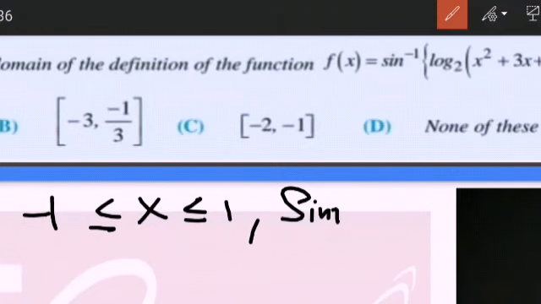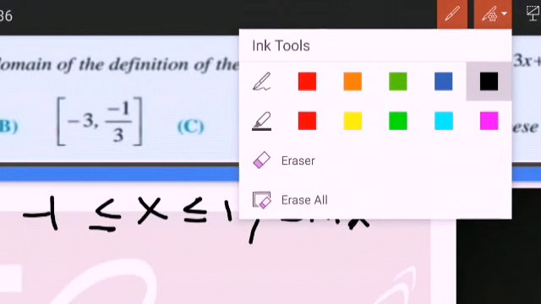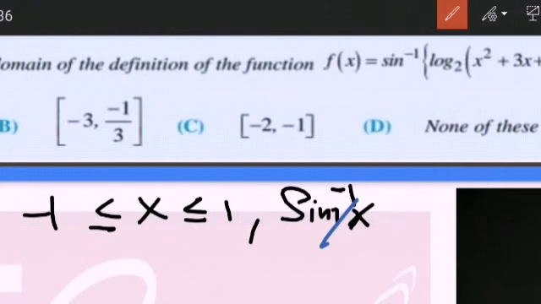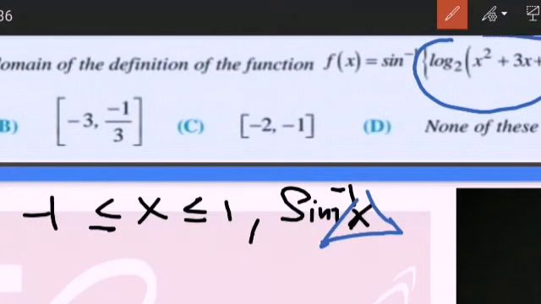So log of x square plus 3x plus 4 lies between 1 and -1, where the base is 2, and you have to simply solve this inequality.